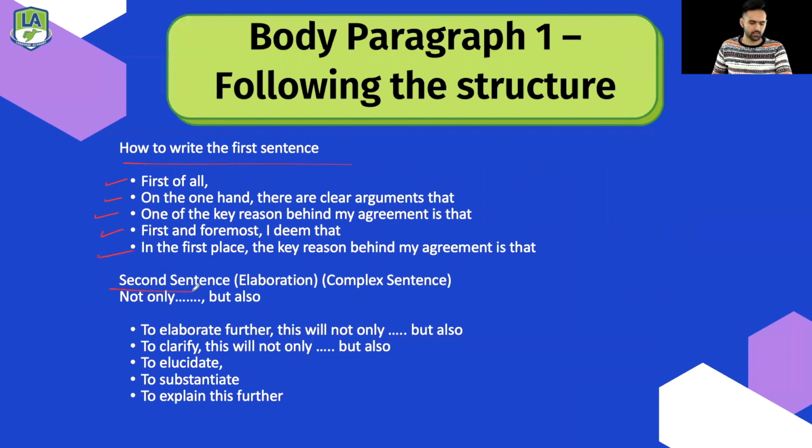Second sentence, you have to explain your idea. To elaborate this further, to clarify, to substantiate, to explain this further, to elucidate, you can use any of these linkers or phrases, but I always ask my students to try to make a complex sentence when you explain things, because we have to use a variety of sentence structures in order to fulfill the requirement of grammatical range and accuracy.